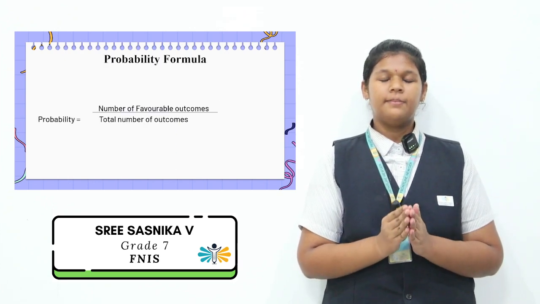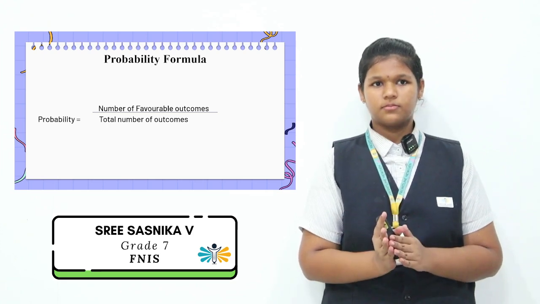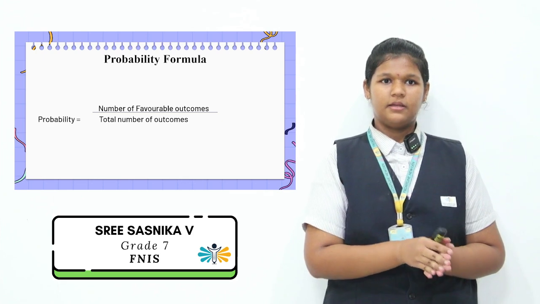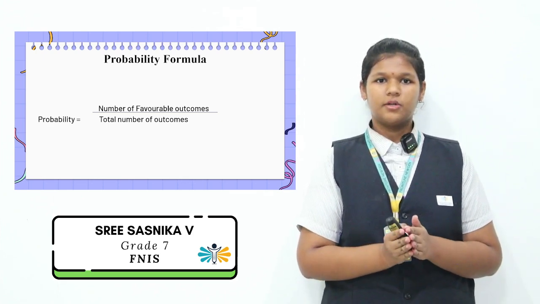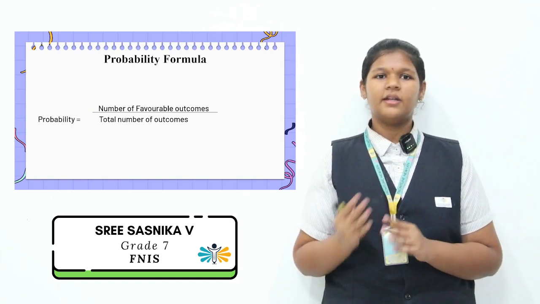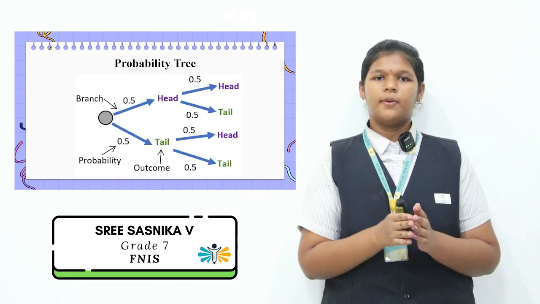Now let's see an important concept in probability, which is the formula. In probability, the formula is the number of favorable outcomes divided by the total number of outcomes. This is the basic formula for different types of probability. Probability tree.